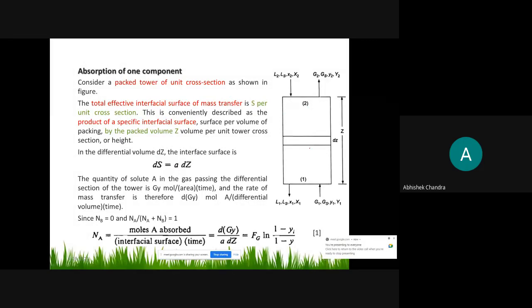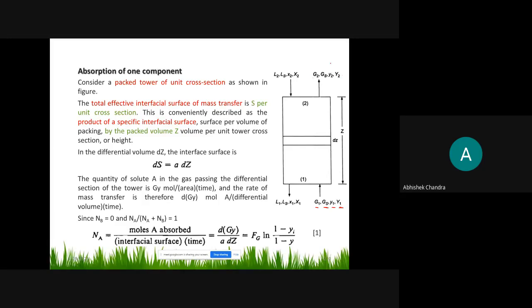Here we have taken a differential section of height dz, and the total height of the tower is Z. The gas is coming in at the molar flow rate of G1, and this is the molar flow rate on a solute-free basis, and y1 is the mole fraction of solute in the gas, and capital Y1 represents the mole ratio of solute in the gas.